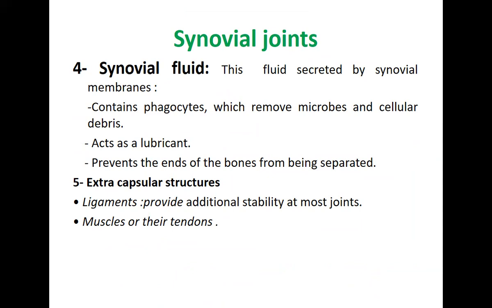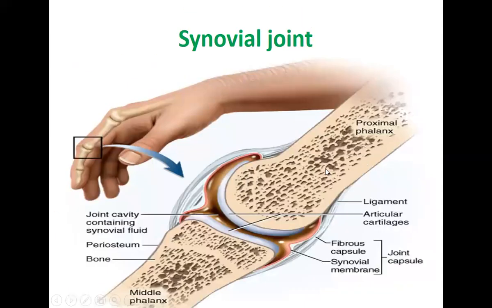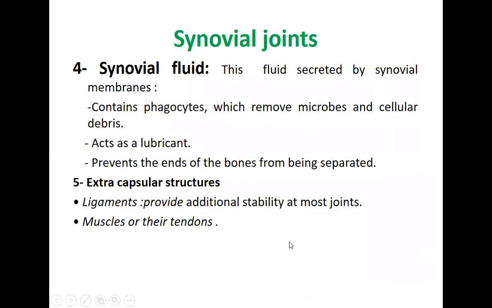Similarly, there are lubricants for the joint. It prevents the ends of the bone from being separated. This synovial fluid also pulls the two bones together and keeps them in contact with each other. That is the function of the synovial fluid.